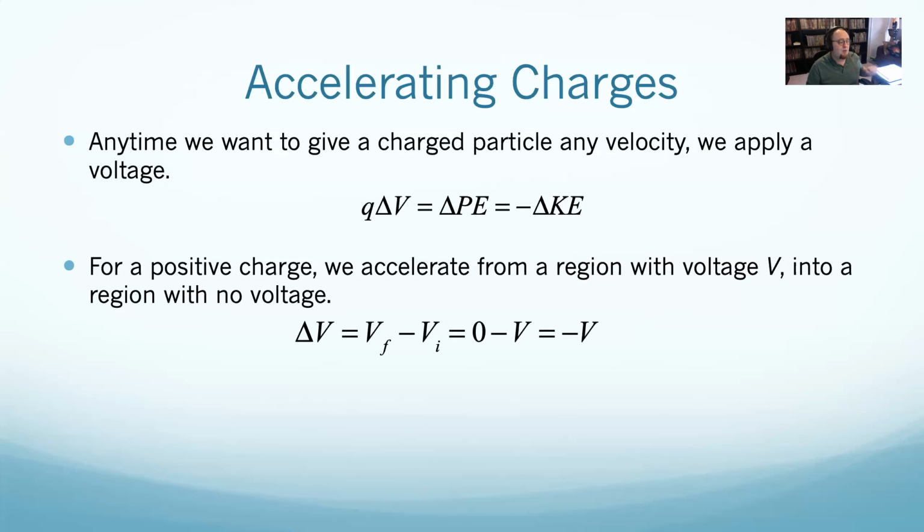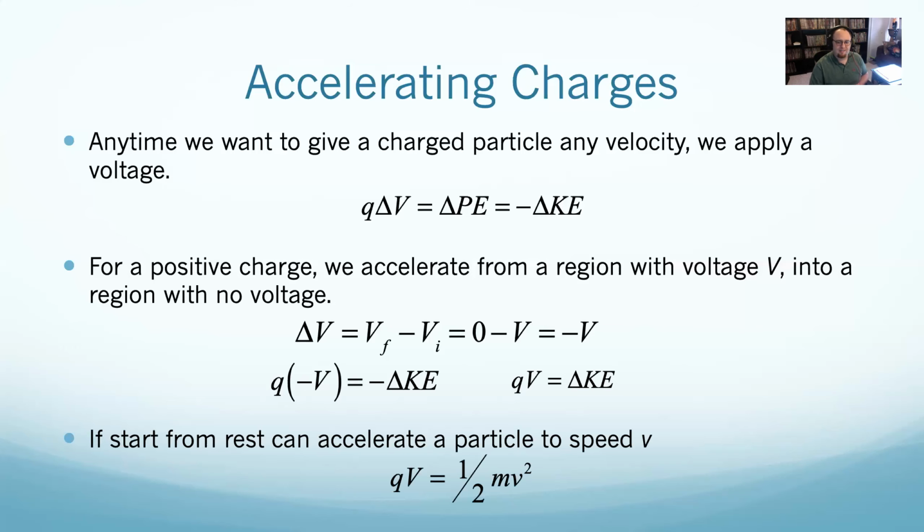Then delta V just becomes V. We normally put something in a region of voltage and let go, and it gets shot out till it goes into a region of none. That V final goes to 0. Plugging that into my equation above, QV is delta KE, where V is the initial potential difference.